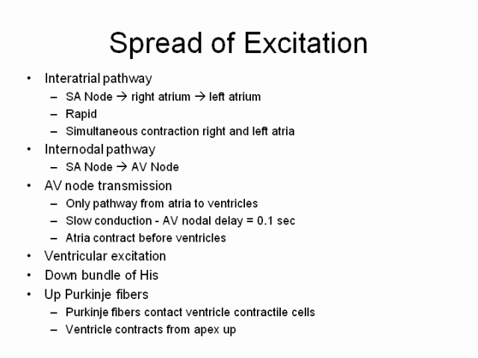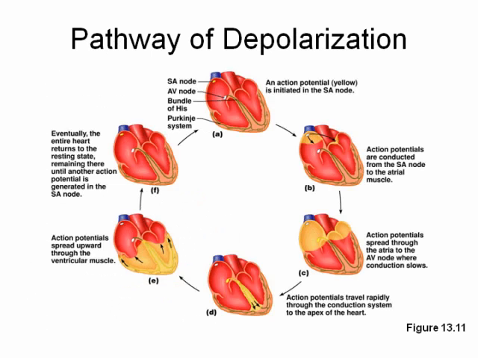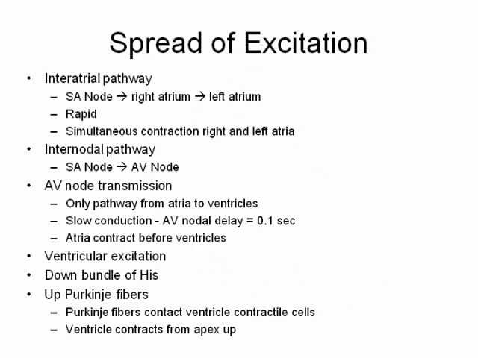Then we're going to have ventricular excitation as the electrical discharge is moving down from the AV node into the ventricles, down through the bundle of His, up through the Purkinje fibers. We say up because basically the Purkinje fibers are these fibers that are originating here at the bottom of the cardiac septum and moving up the outer wall of the heart.